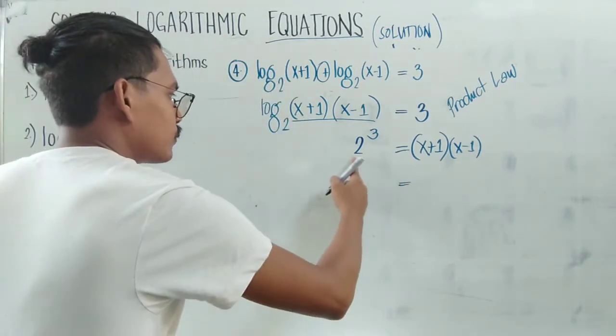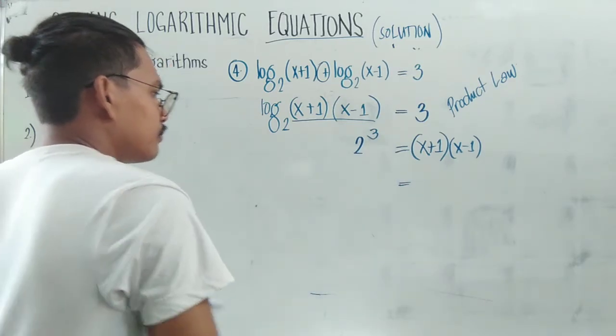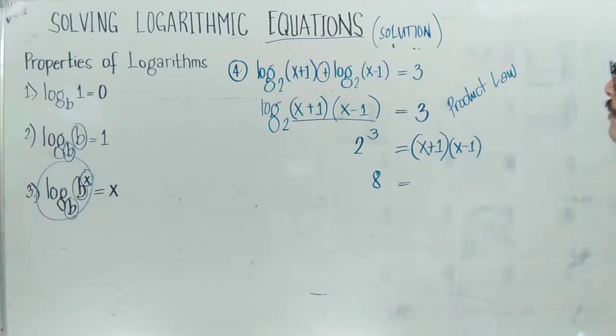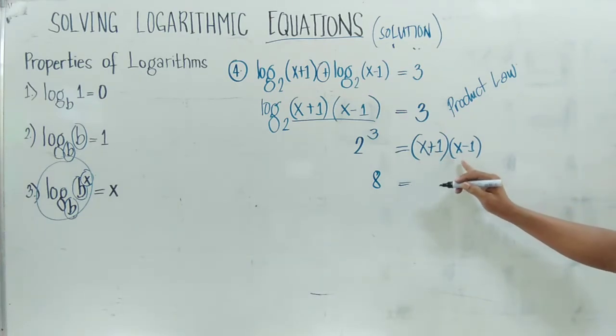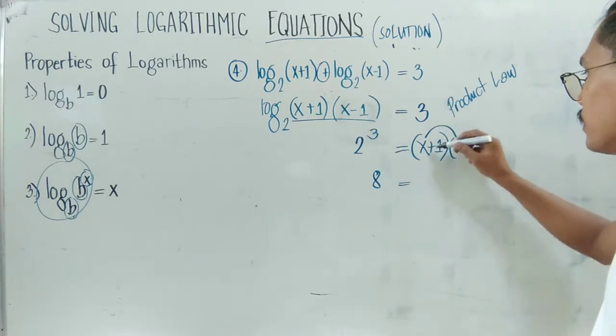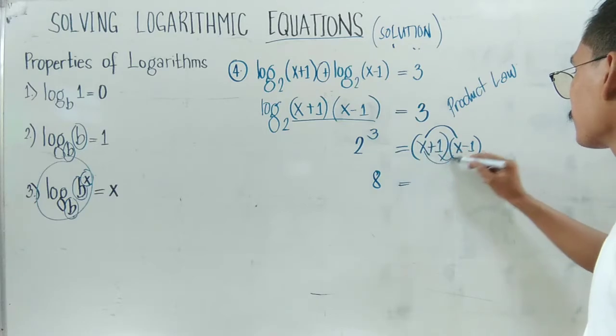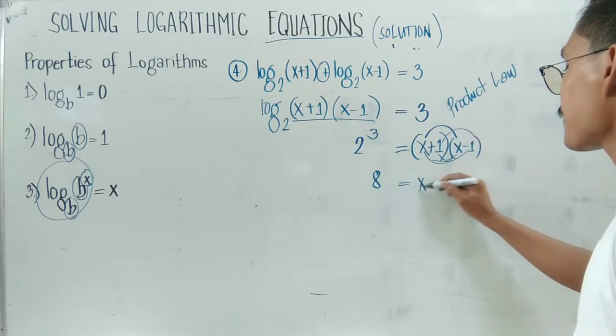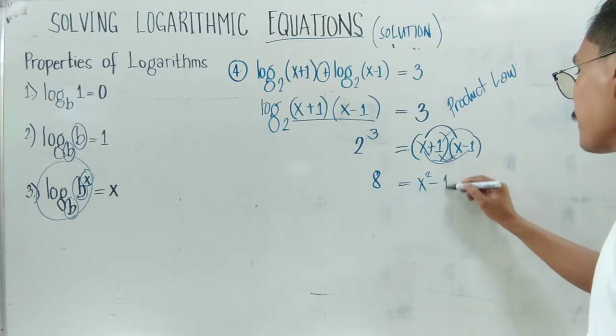Simplifying, 2 cubed is 8. Then we have x plus 1 quantity times x minus 1. Using your FOIL method, we will get x squared minus 1.